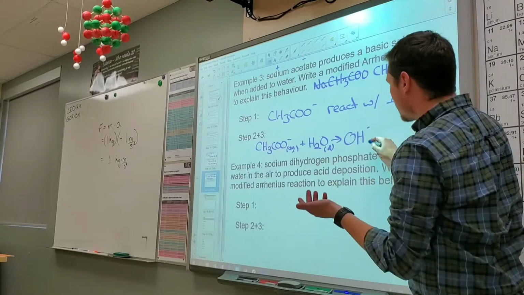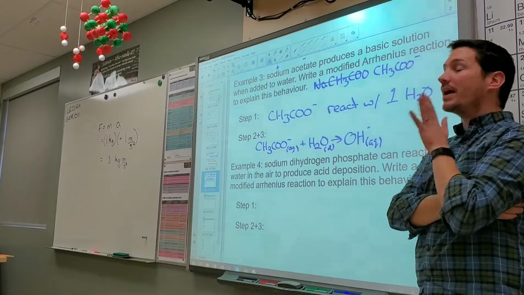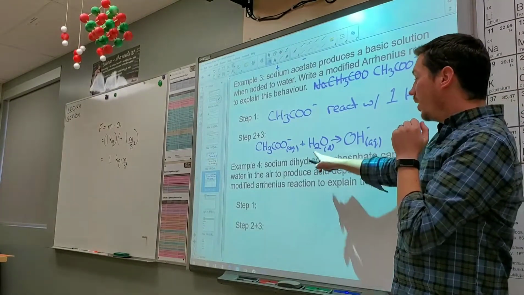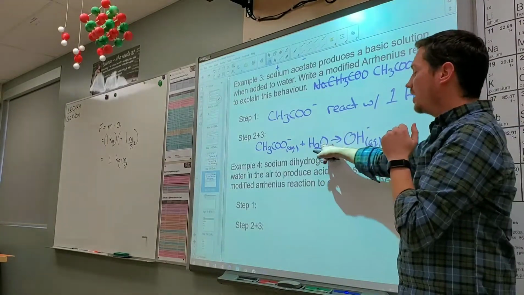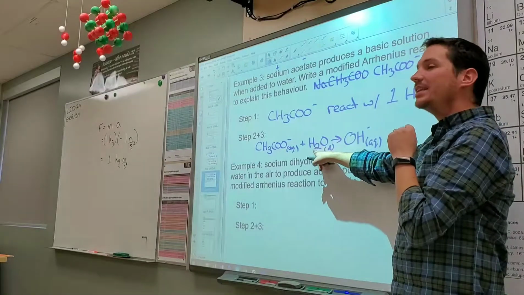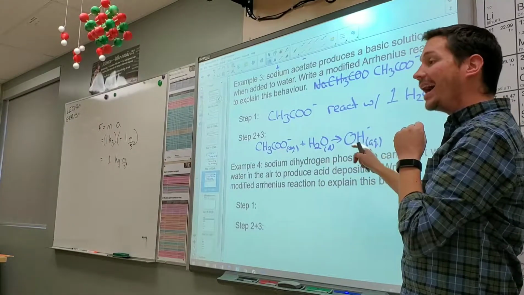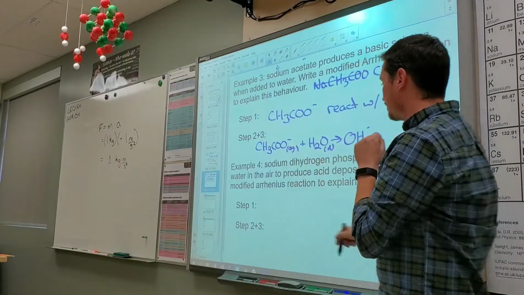What am I going to have left over? Remember, the water is either turning into hydroxide or hydronium. What had to leave the water in order to turn into hydroxide? A hydrogen. So if one hydrogen leaves, what does this turn into?